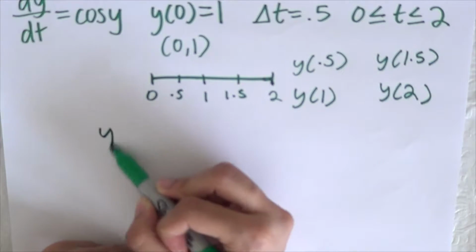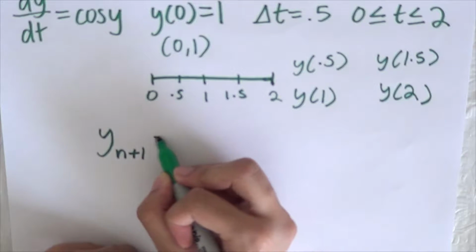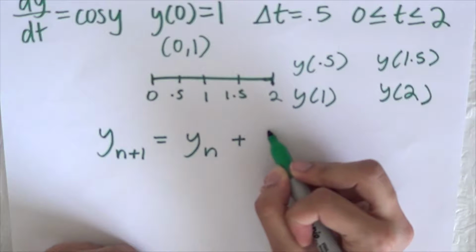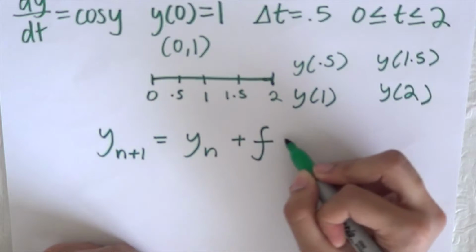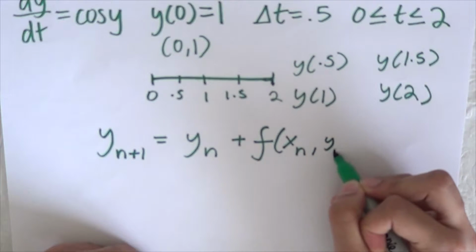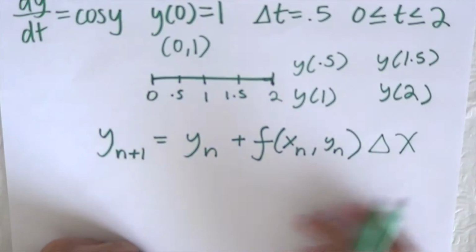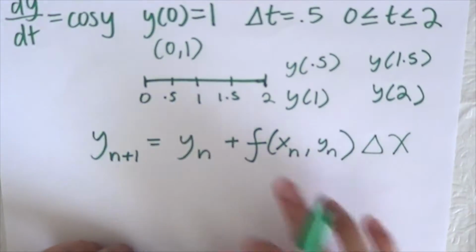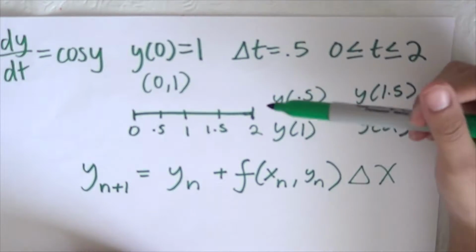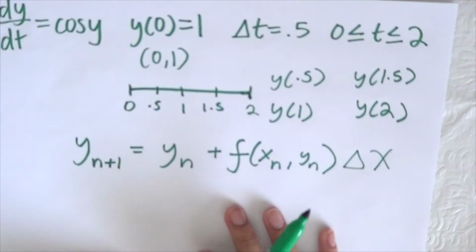I'm going to write y sub n plus 1 equals y sub n plus the slope, which is represented by f of x sub n, y sub n, times delta x. This is the general equation, but instead of x, we'll be using t because in this case we're in terms of y and t.